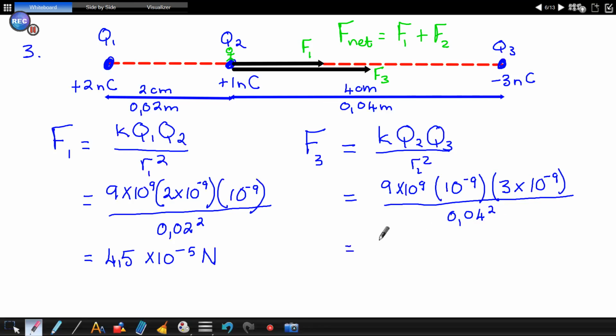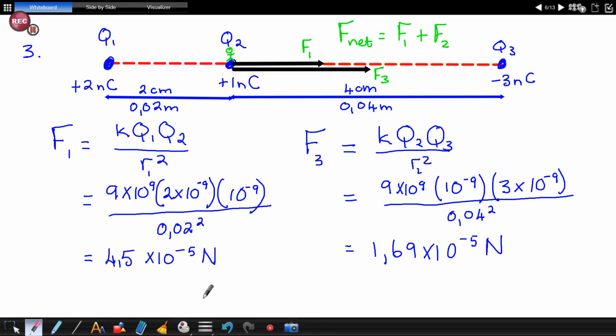Let's Casiofy that one. Do you get 1.69 times 10 to the minus 5 newtons?